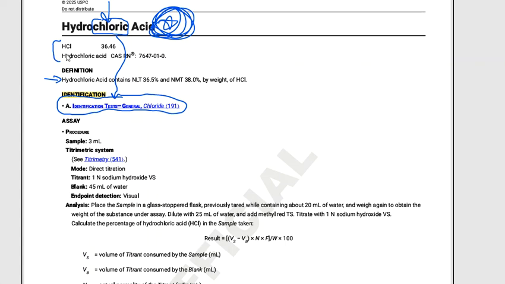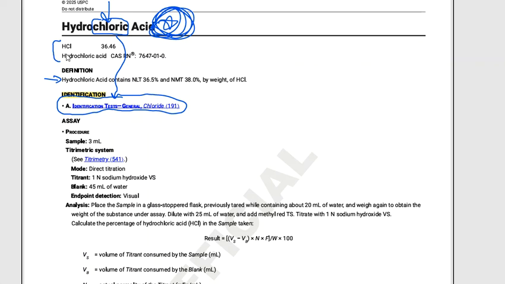That means I'm going to do a test to measure the presence of chloride, because this is hydrochloric acid, and if it's hydrochloric acid, then chloride should be present. If I do this test and it fails the chloride test, then that definitely means we don't have hydrochloric acid. We've got something completely different. So if I think this is hydrochloric acid, then it definitely should have chlorine in it.